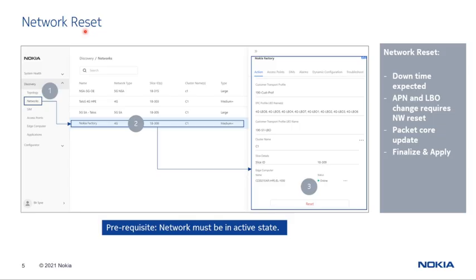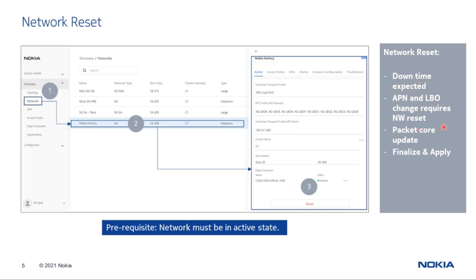Later in the software management part, I will talk about it, that this step might be needed in case there is, for example, some update in the private LTE core components, private LTE software, and also it can be needed because of some configuration changes.